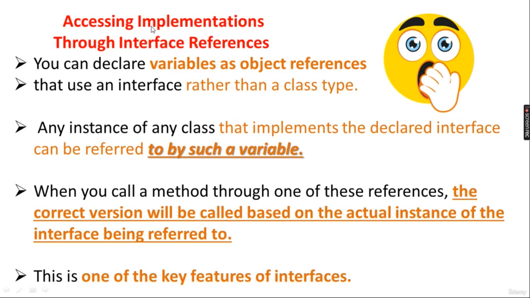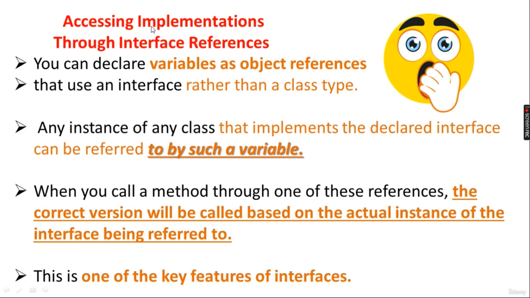Accessing implementation through interface references. So here also reference variables are occurring. You can declare variables as object references that use an interface rather than a class type. Any instance of any class that implements the declared interface can be referred to by such a variable.